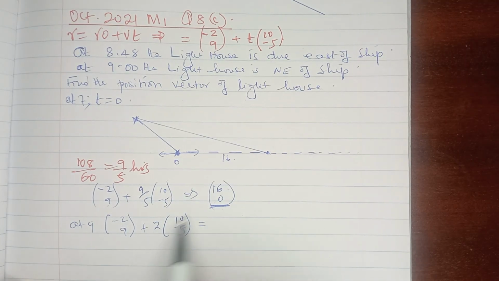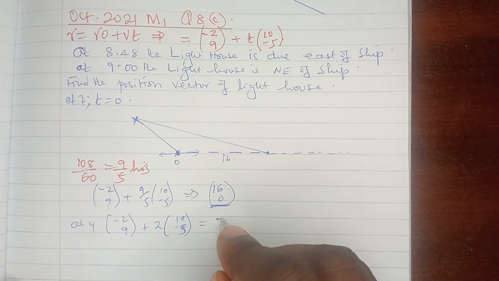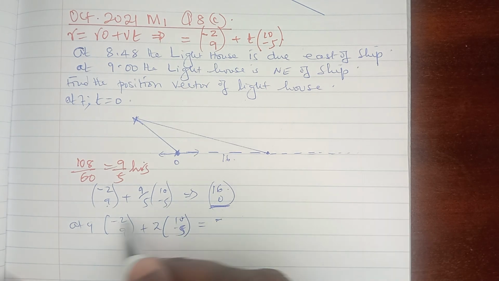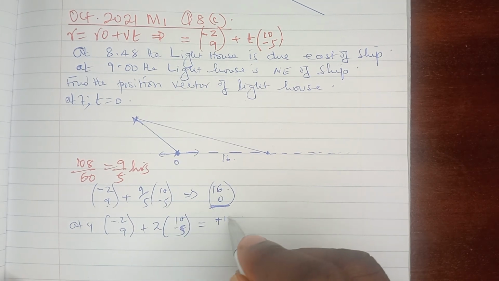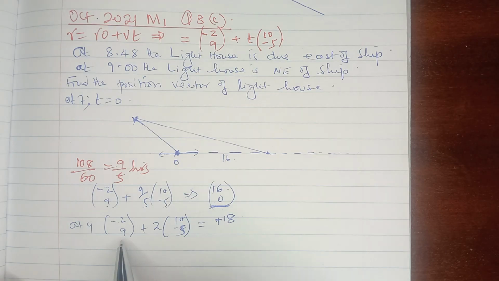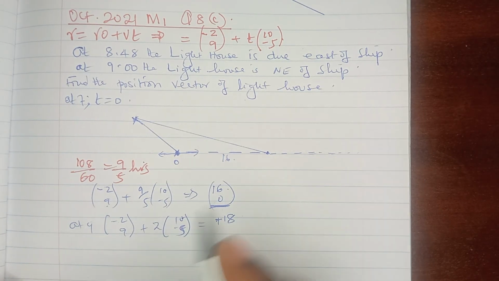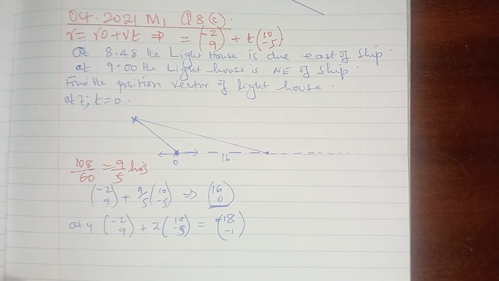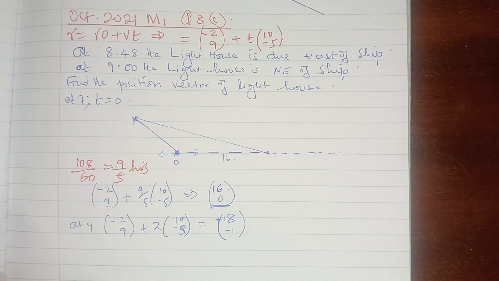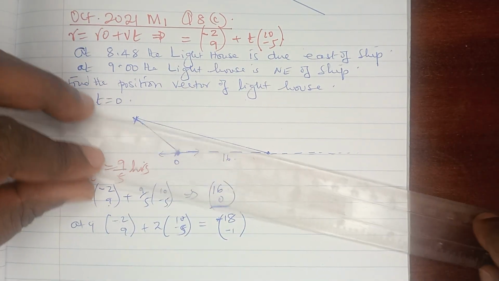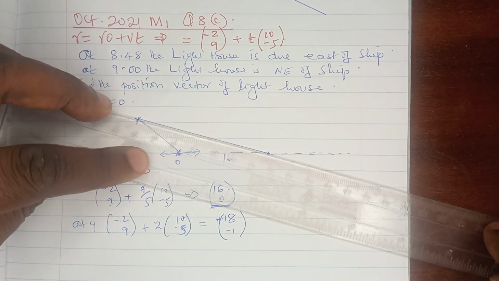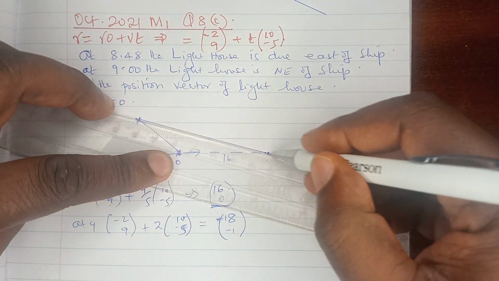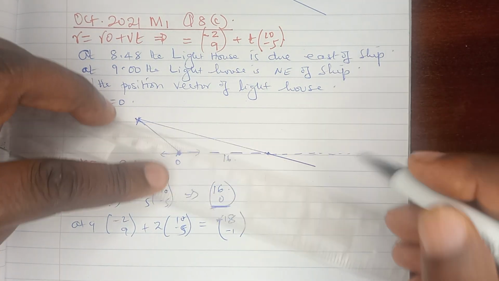This becomes 20 minus 29, which is -9, and -10 in the y-component. So the ship is at (-9, -10).